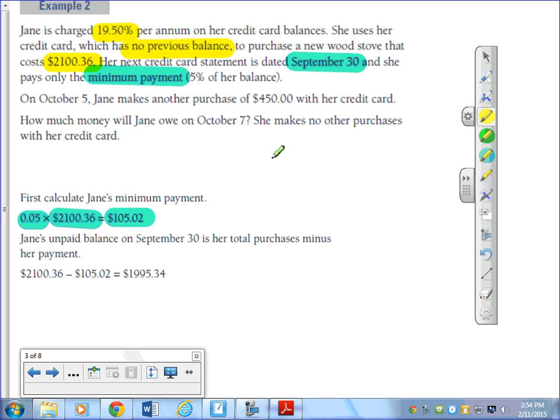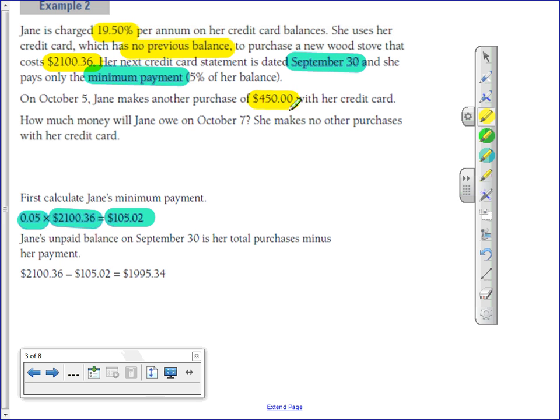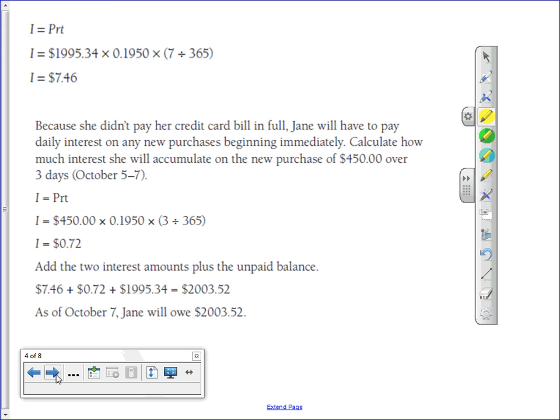Well, in October, Jane buys something else for $450. The question now will be on her next statement, how much is she going to have to pay? Well, once you take off the $105 from the $2,100, so that was the minimum payment, her new balance was $1,995.34. Because that was a portion that wasn't paid off, you get charged interest on it.